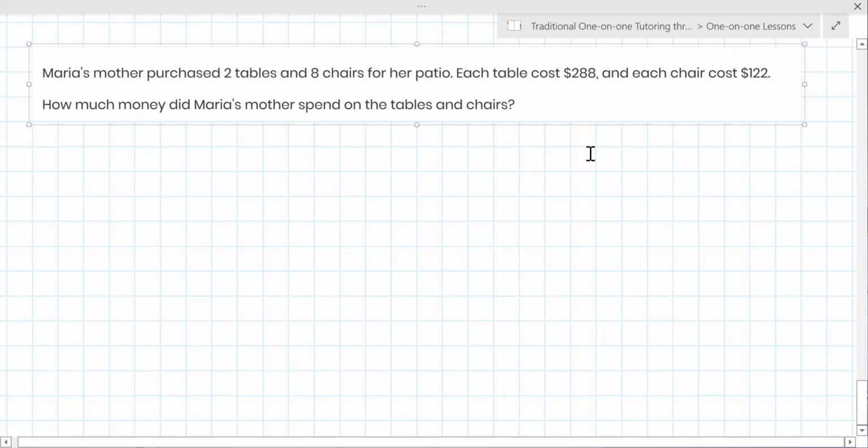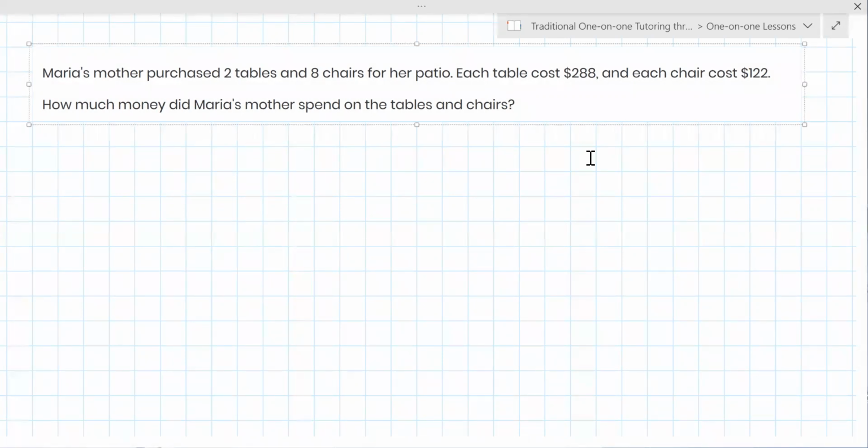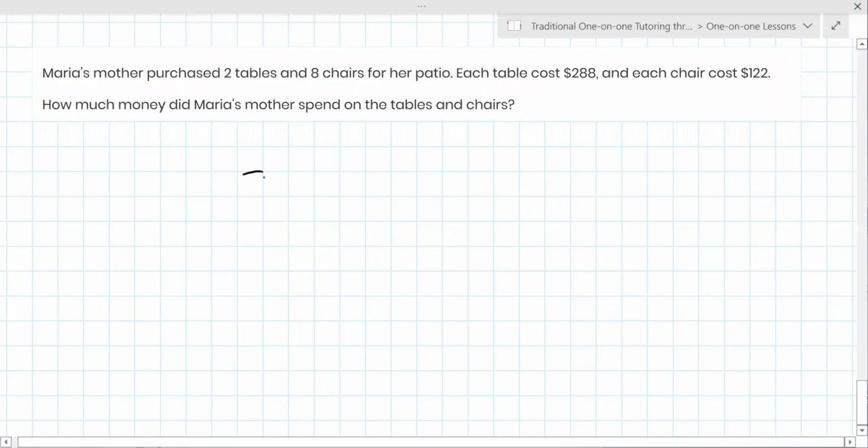How much money did Maria's mother spend on the tables and chairs? What are the 2 things that they are buying? 2 tables. Well, there's 2 items. What is the first item? You just said it. It's tables and chairs.